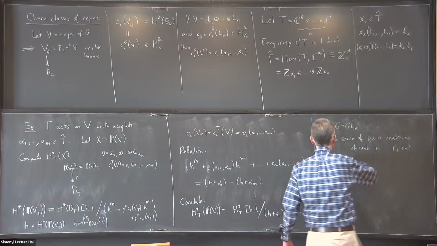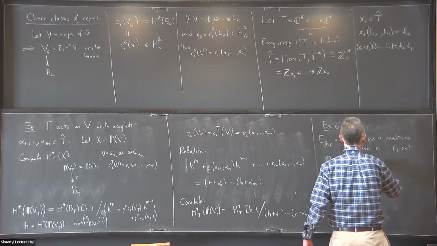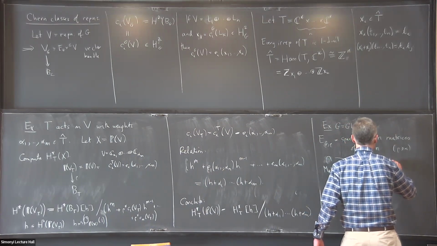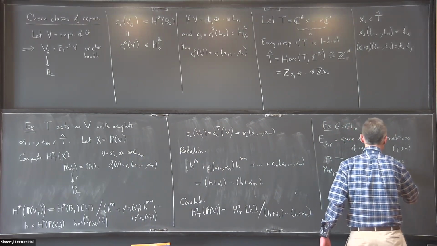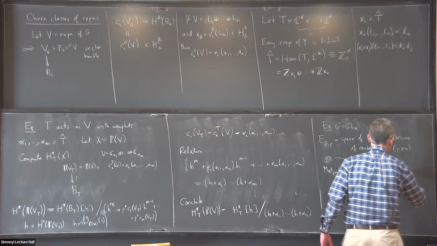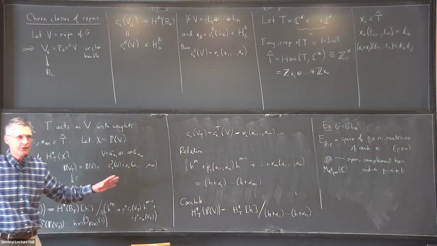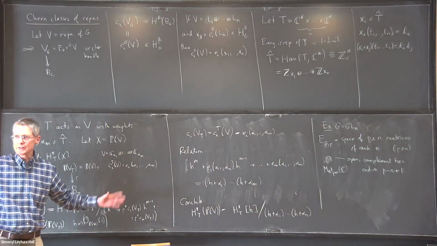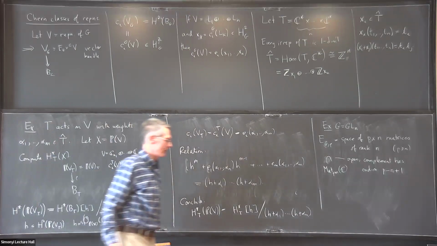And this is open, and the complement has codimension, I believe, P minus N plus 1. So what this means is if I let P be large, that complement has very high codimension, and that means all the cohomology groups will vanish up to some point.